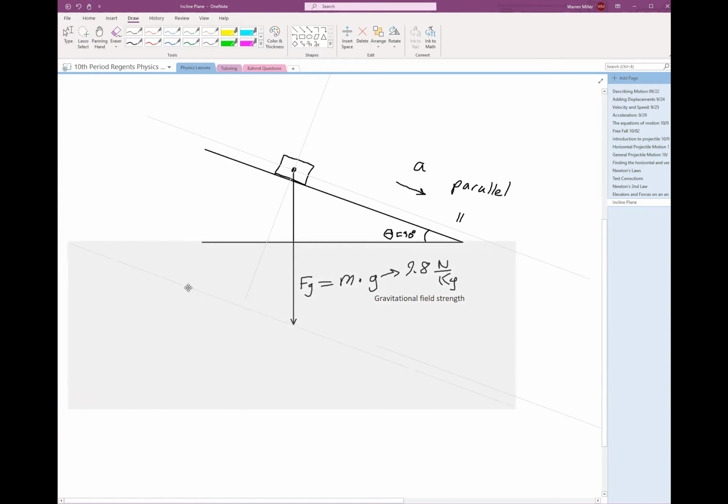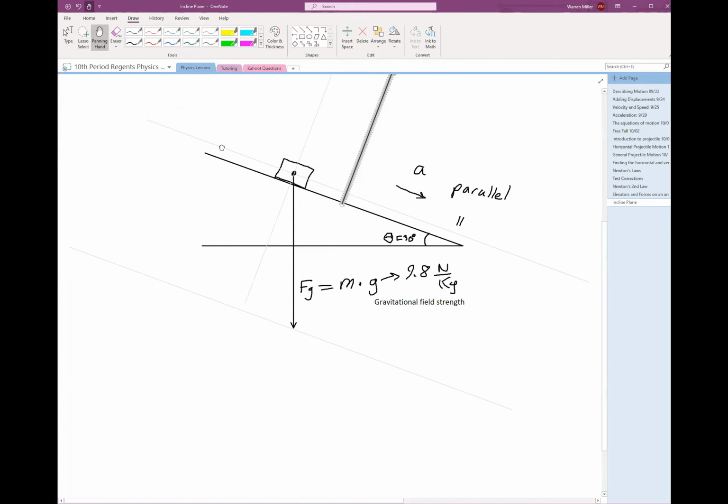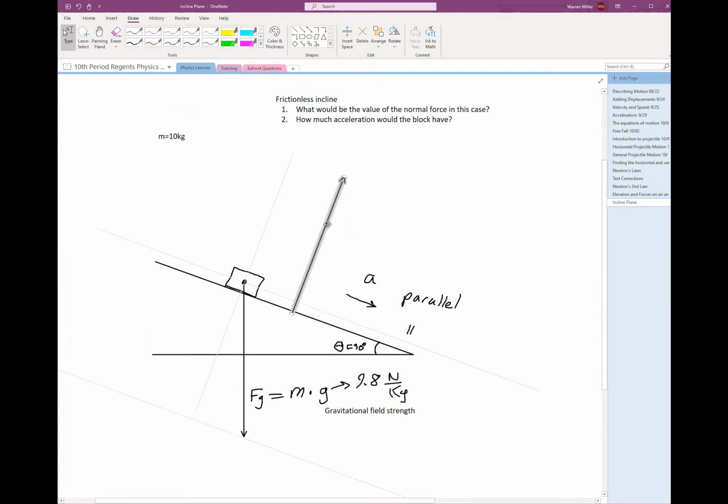I'm going to take a vector from this line up to here. So our normal force is going to point exactly like this. So this is our Fn, the normal force. Yeah? So far, so good.